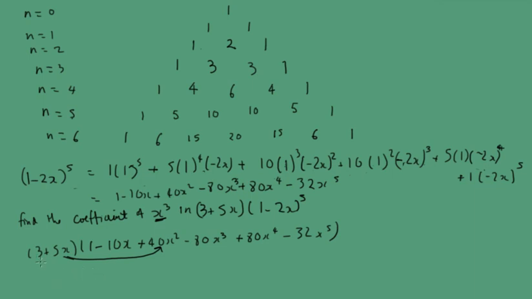And if we take 3 and multiply this term, we've got another x to the power 3. So we don't need to multiply the whole thing out. So the x cubed coefficients are going to give us minus 240 plus 200, and that is minus 40. So I hope that helps.